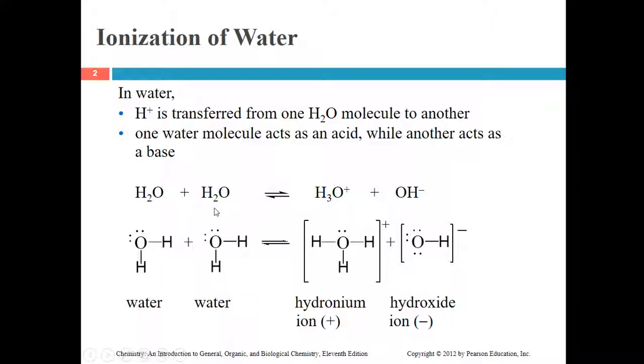So the question is how much? At 25 degrees Celsius, this is 1 times 10 to the negative 7 value. In other words, 0.0000001. That's how much it happens. Well, that's not a whole lot. However, it's enough to influence and to help us create this equation.